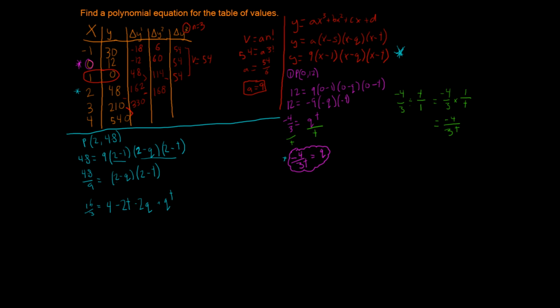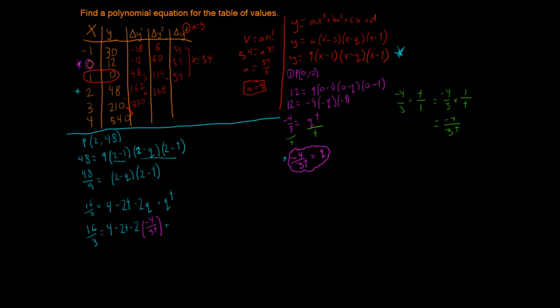So we've got 16 divided by 3 equals 4 minus 2t minus 2 times negative 4 divided by 3t bracket. Let me change the color for that really quickly to make it a bit more clear of what we're doing here.